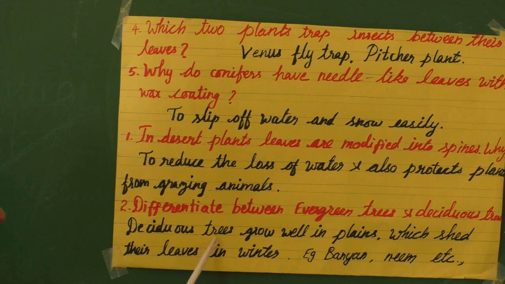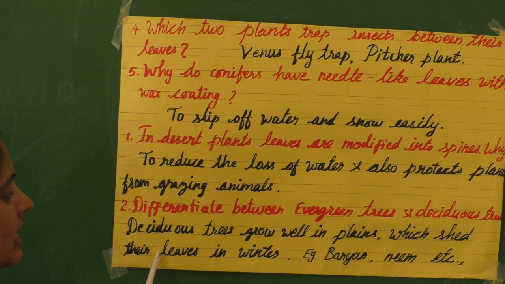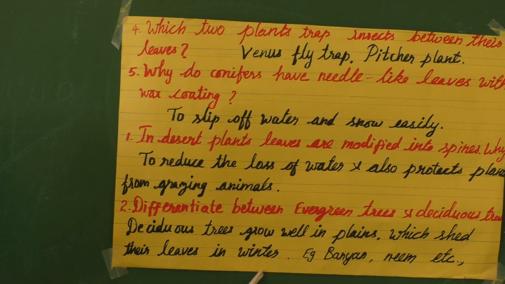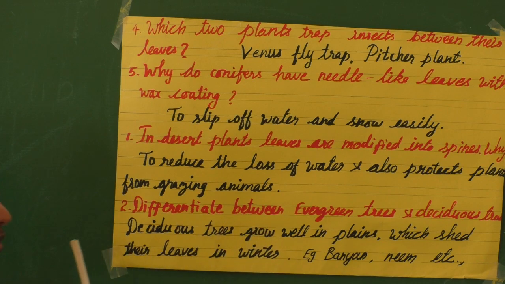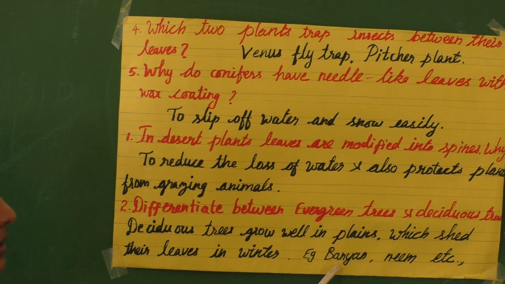See, deciduous trees grow well in plains which shed their leaves in winter. Plains, this area where we are living is called as plain. So in plains the deciduous trees grow well, and winter season la enna agum? It shed their leaves. Shed na udundrum. Banyan, neem and all we can give example.